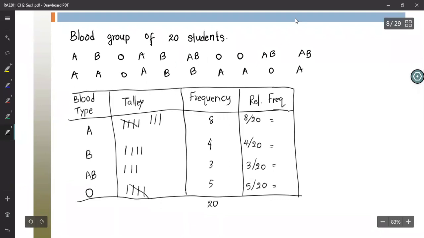Okay, so what is the relative frequency for A? 40%, yes. Next one, 20%, and then 15% and 25%. Yes, thank you. Who gave me the answers?